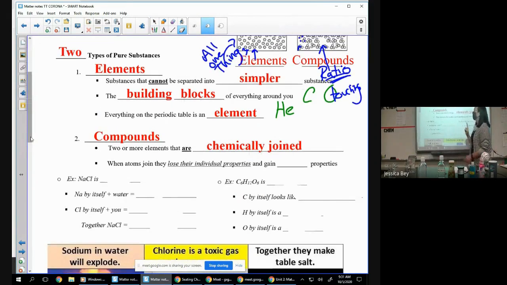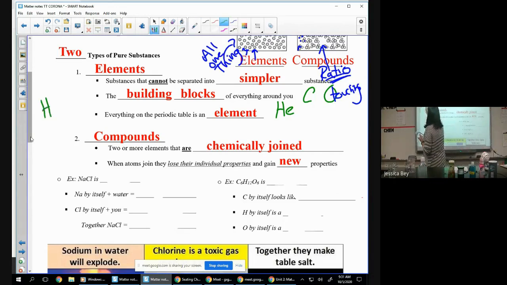Okay, so the other big thing about compounds is that when atoms join together, they lose their properties and they gain new properties, just like water. Water is H2O. Oxygen at room temperature.